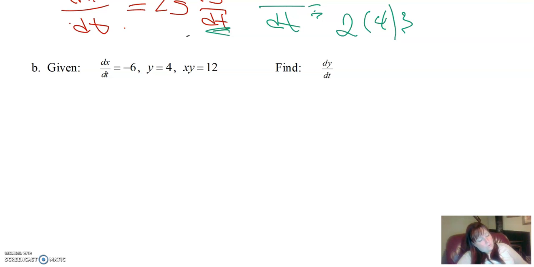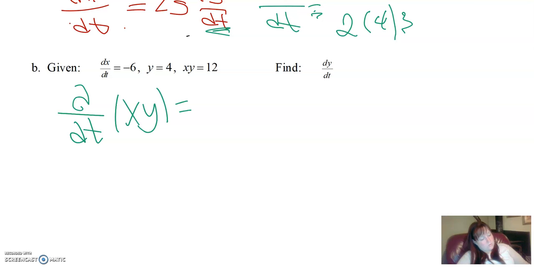So we want the derivative with respect to t of x times y equals 12. You recognize right away that this is the product rule, so we need to find the derivatives of each of our things.